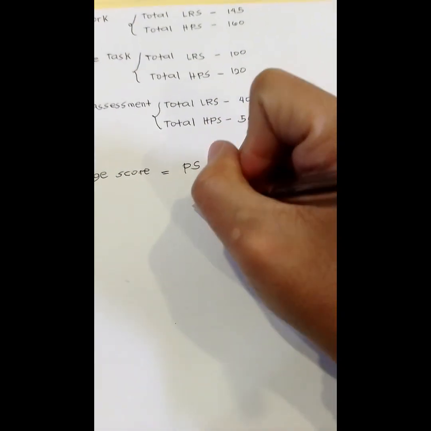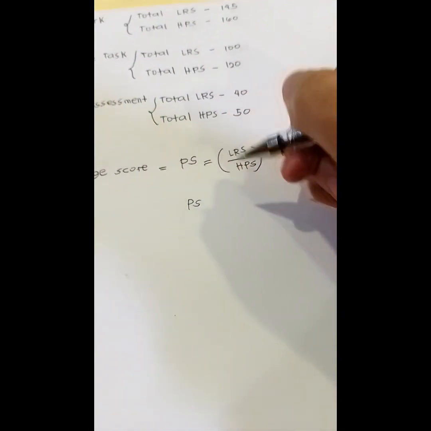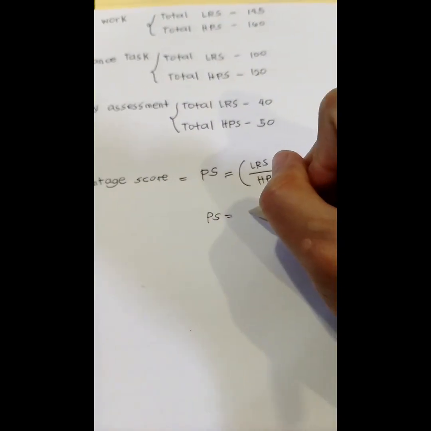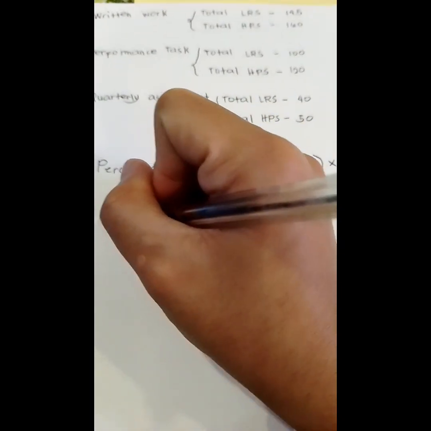So we have PS is equals to the learner raw score of written work.